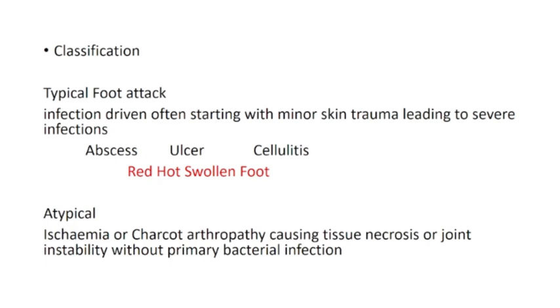That means there's arthropathy or neuropathic destruction of the bone. If it is acute onset, that is also considered a foot attack. Bacterial infection is not the primary cause, but the arthropathy and ischemia cause tissue necrosis, right? So that is also a type of foot attack, which is atypical.